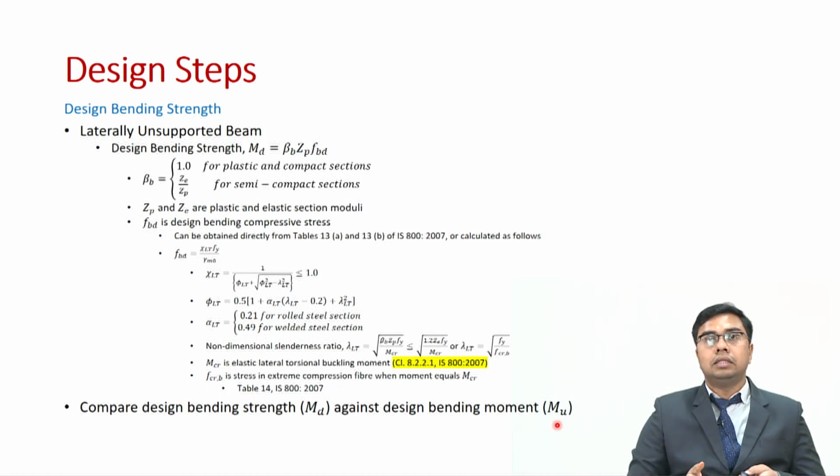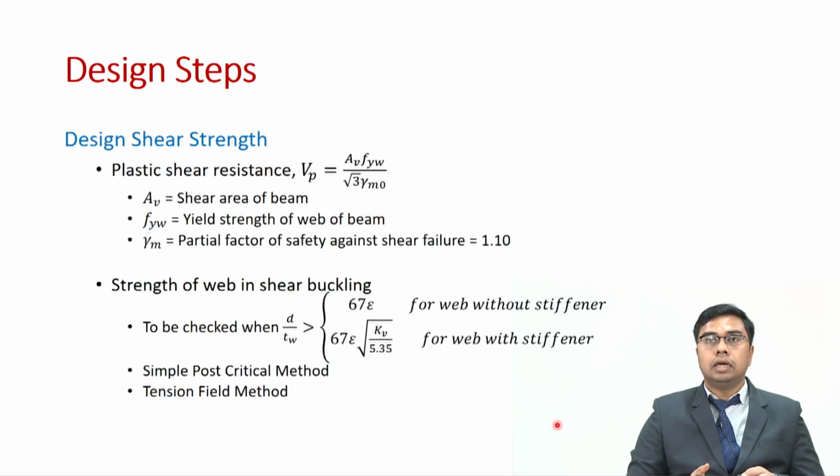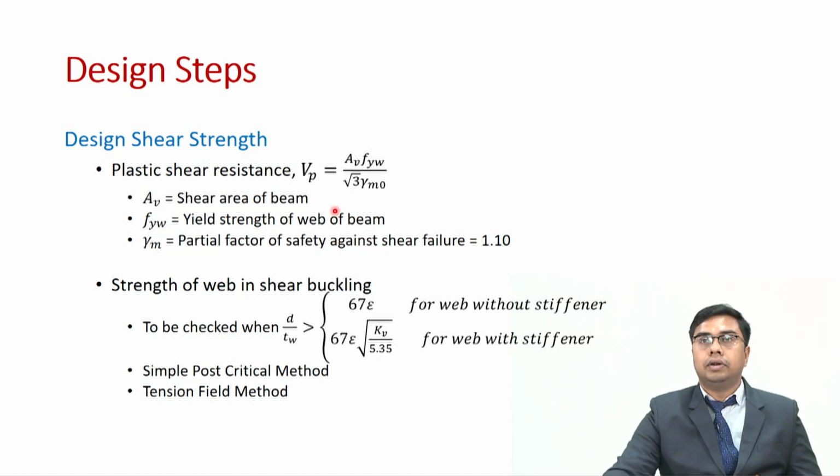After designing the beam for flexure, it is time to design the beam for shear. In case of shear, we will first evaluate the plastic shear resistance of the section. We will calculate it as Vp equals Av times fyw divided by root 3 γm0. We have already seen this expression earlier in this class.